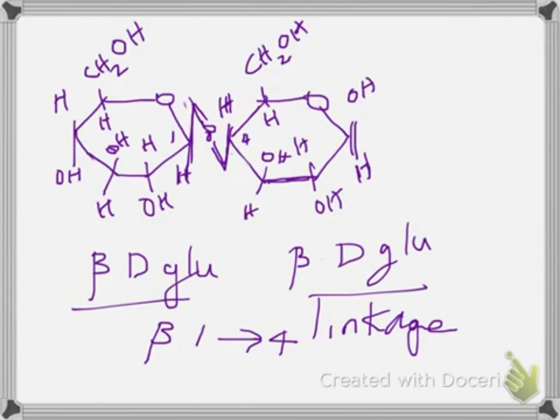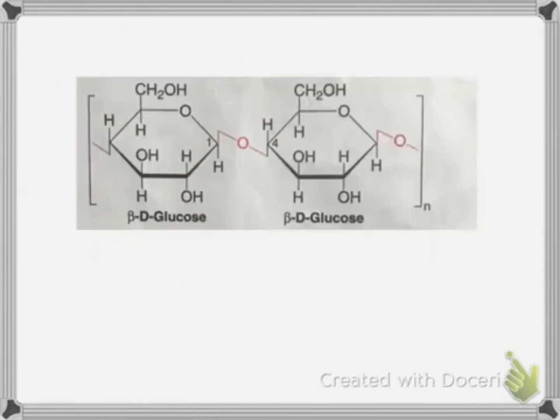So this type of repeated units of these beta-D glucose units form the structure of cellulose. So this is the structure of cellulose.